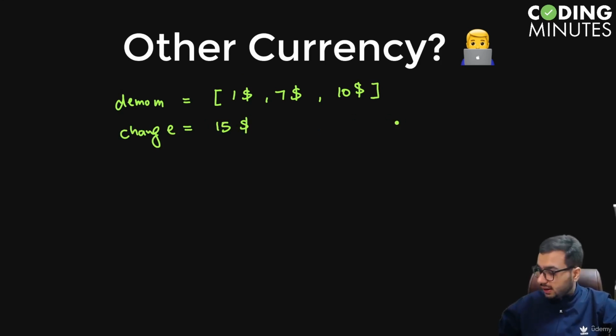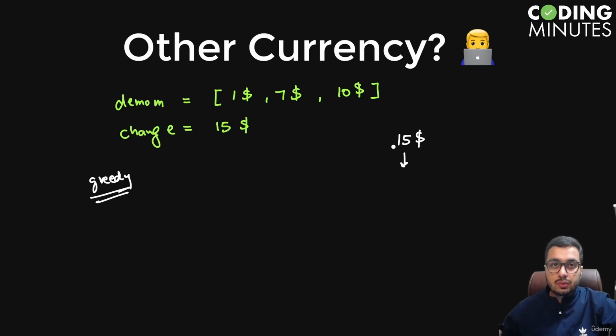So if you try to apply the greedy strategy here, what it is going to do is say, if you want to make $15, I'll first find the largest denomination less than or equal to $15. That is $10. So you subtract 10 and you're left with $5. How do you make change for $5?